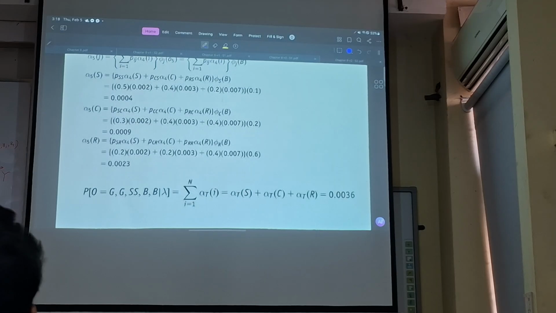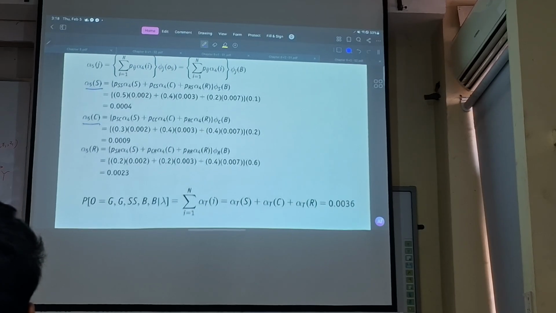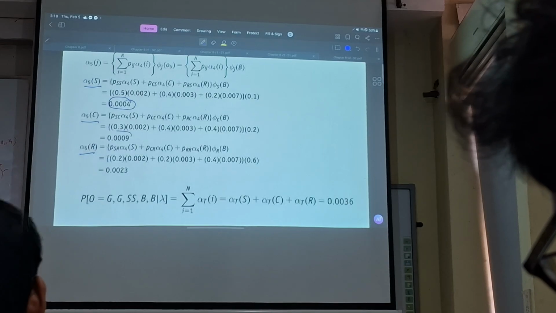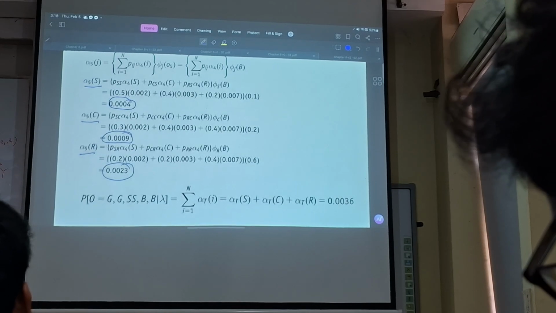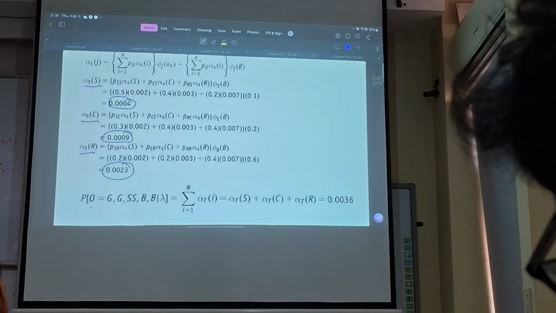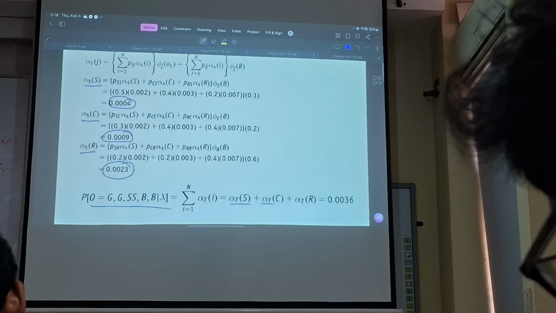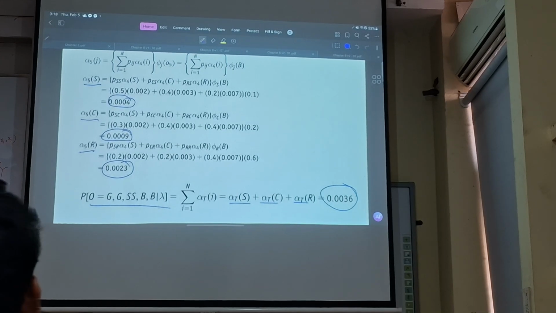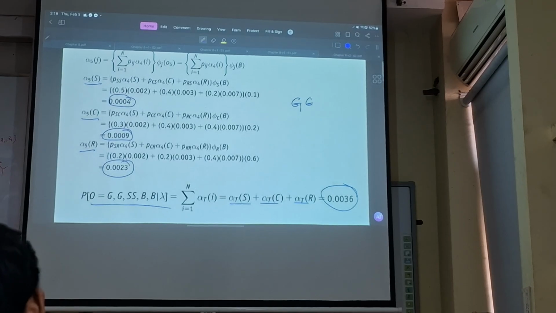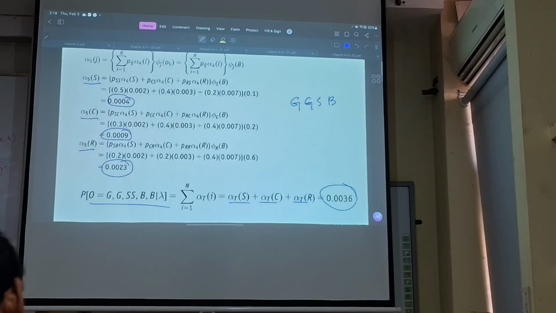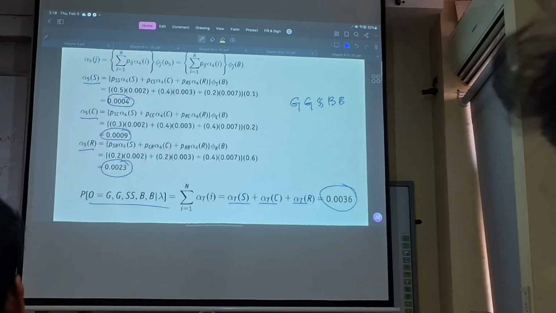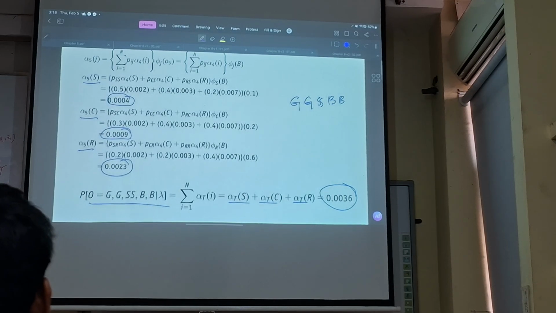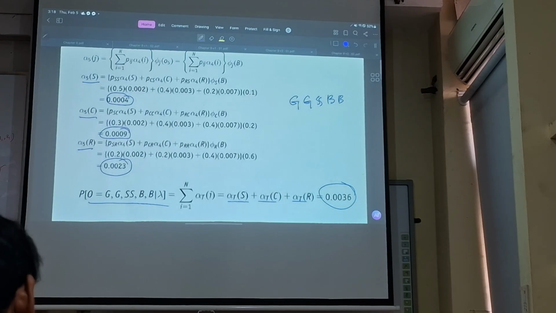And finally, when you calculate alpha 5s, I am not repeating it, then you have these probabilities. And eventually the sum is the probability that we observe the sequence G, Z, S, E. Do you understand? So this is the very silly first year, second semester type kind of stuff.